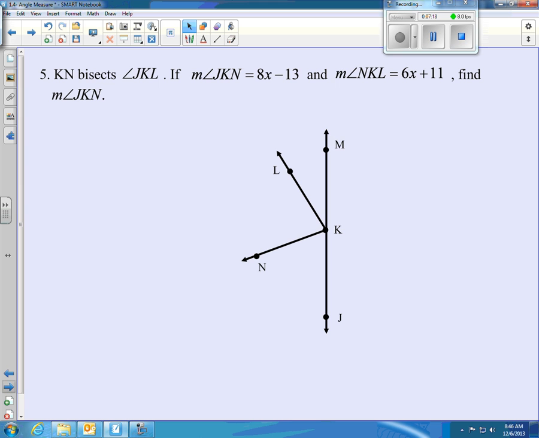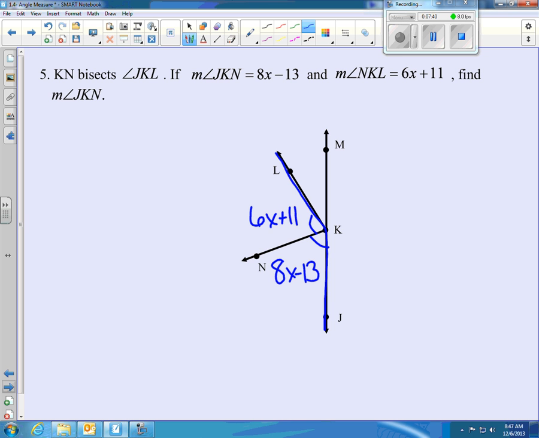It says KN bisects, so splits equally into halves, angle JKL. So JKL is split into 2 congruent parts. If the measure of JKN is 8x minus 13 and NKL is 6x plus 11, find JKN.